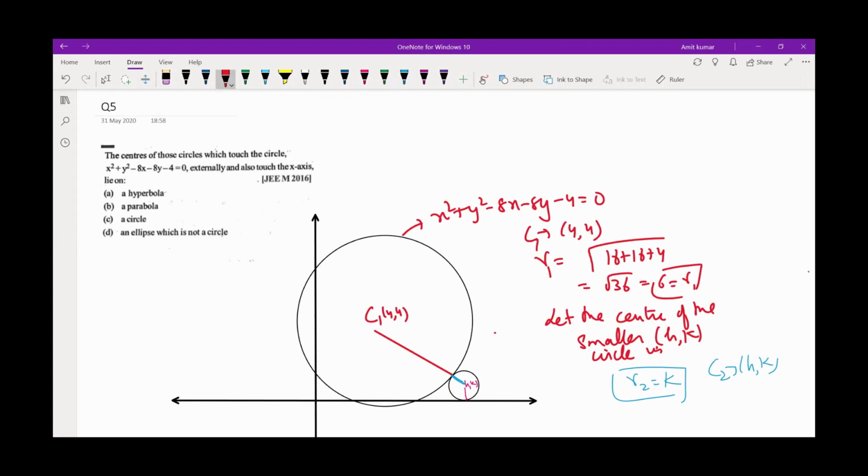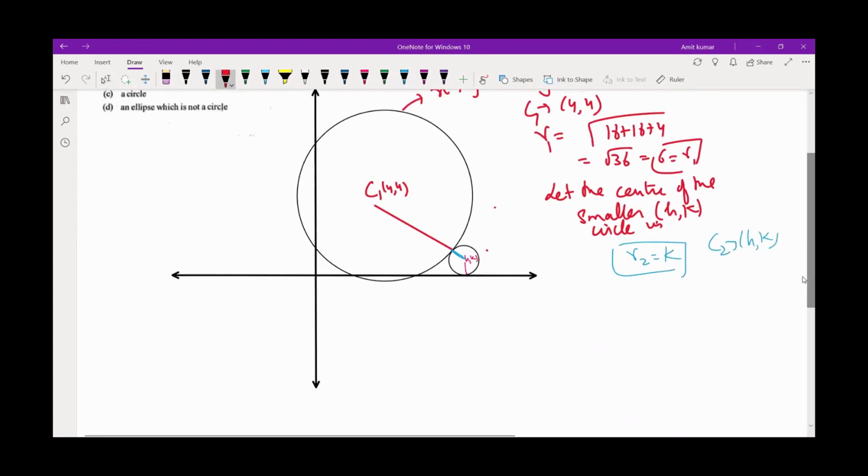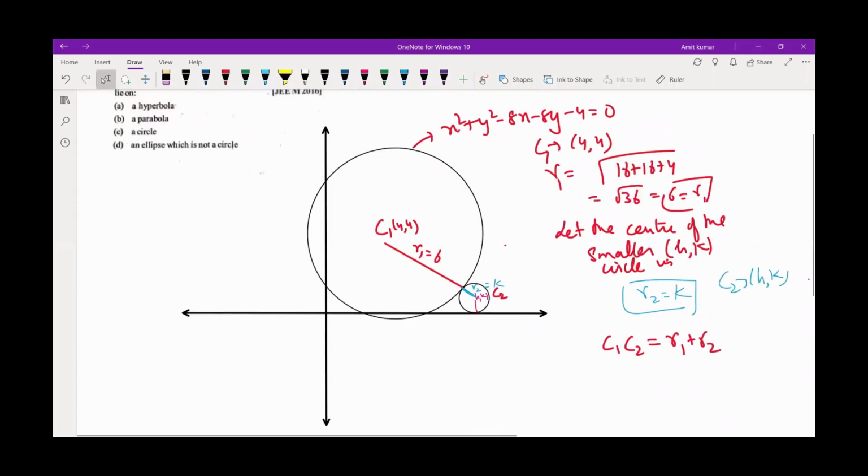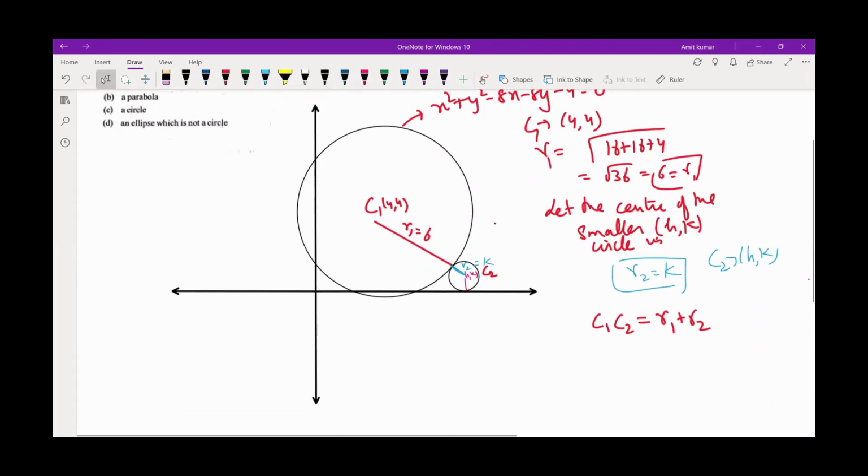R1 is 6 and R2 is K. If two circles touch each other externally, then C1C2 is equal to R1 plus R2. C1C2 is the distance between the two centers, and we have to find the locus of the center of the smaller circle, following the given condition that the two circles touch each other externally.